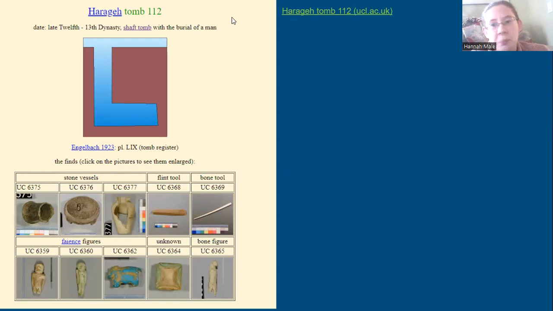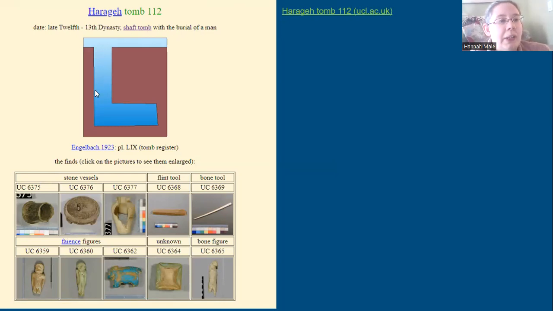I don't think I'm pronouncing that right, so please excuse me. And Egyptologists have given it the name Tomb 112. So this is a shaft tomb, so not a super fancy court type tomb. And it was found, the burial of a man was found in it.